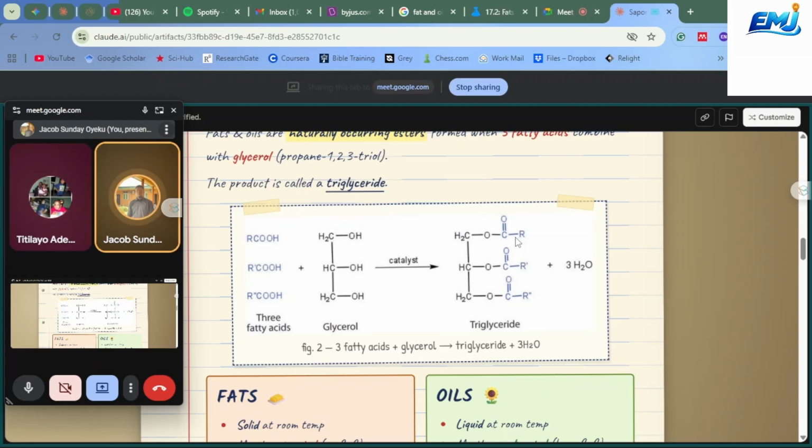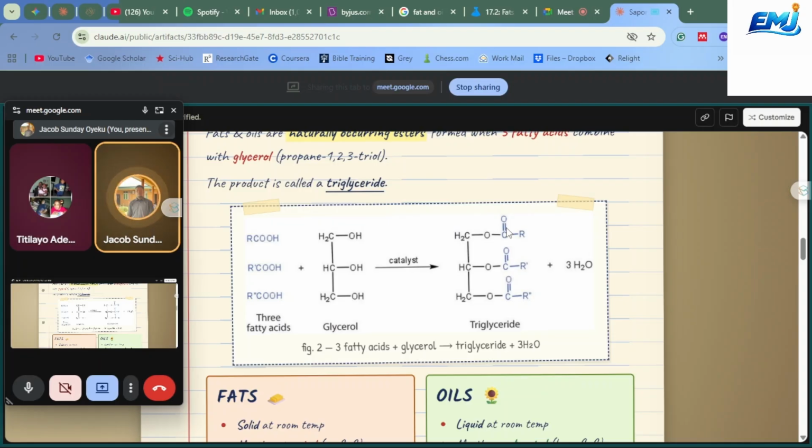We will say that thing is saturated. The bonding there is saturated. It cannot go further. Saturation in English just means something that cannot go further. It is now at the end point. But if it has double bond, it is unsaturated. That means it can react with something to lose one of those bonds and then become a single bond.